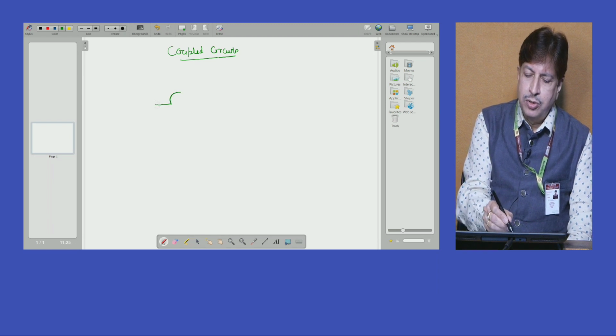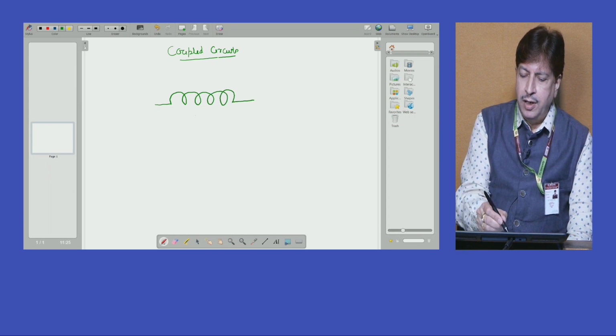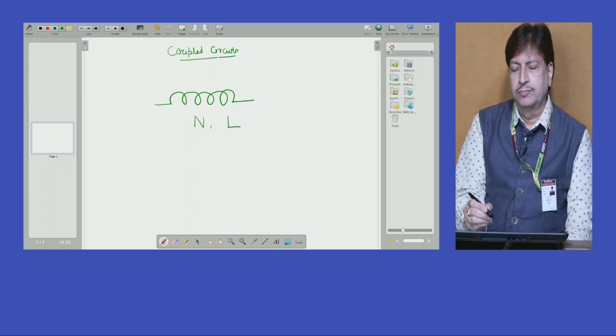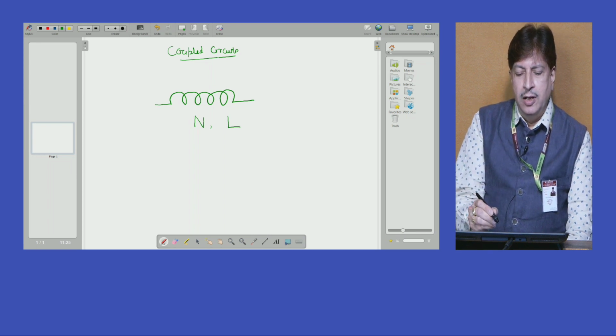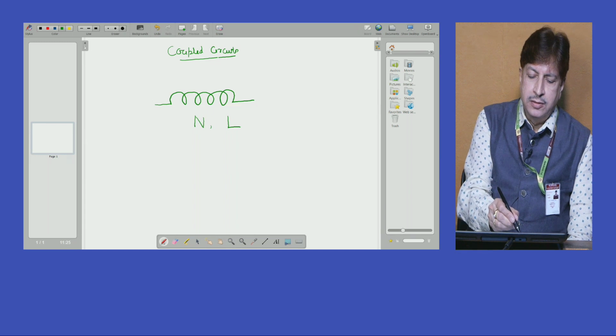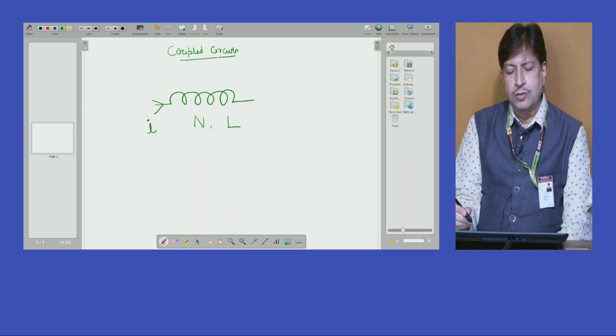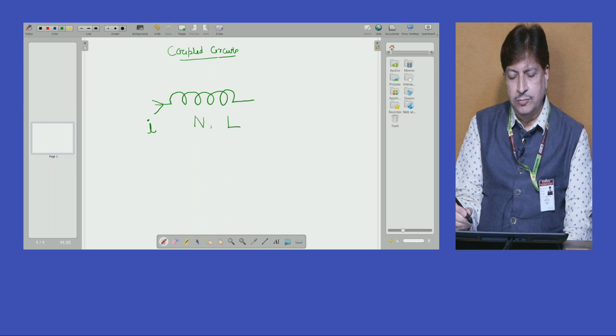Suppose a coil is there having N number of turns with a self-inductance of L henries. Let us send an alternating current of I amperes through the coil.